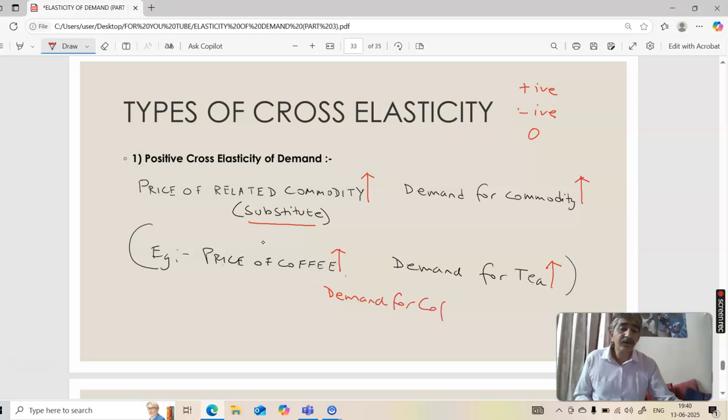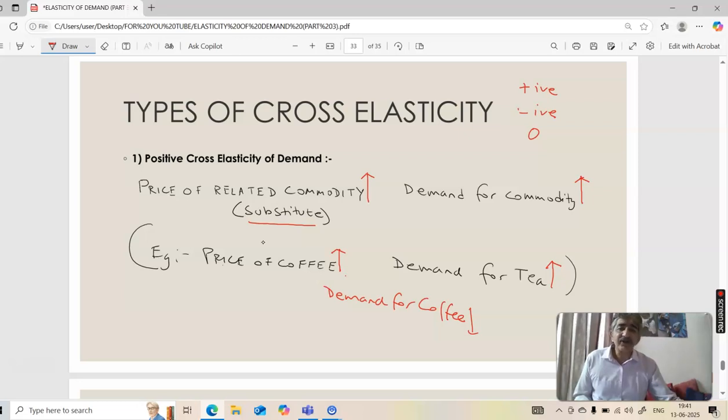Demand for coffee will fall because people will find coffee costly as compared to tea. They will find tea cheaper in comparison to coffee. So a rational consumer will switch over, he'll buy less of coffee and more of tea.